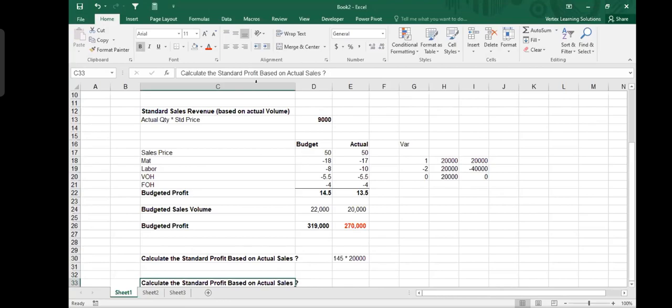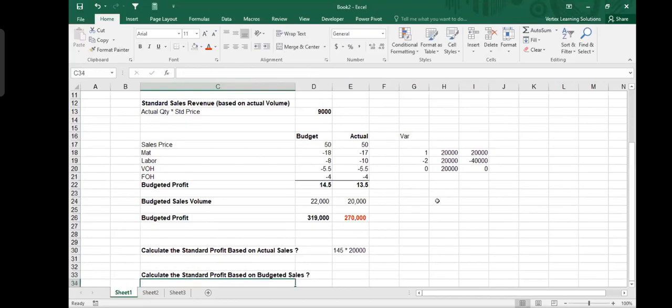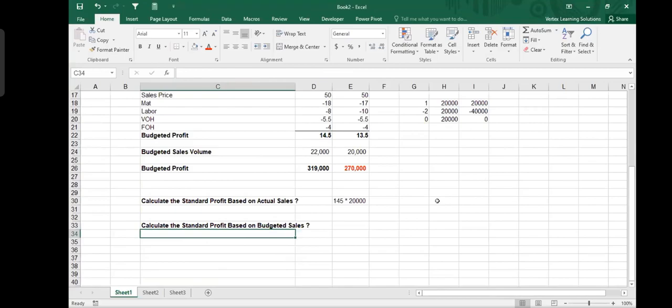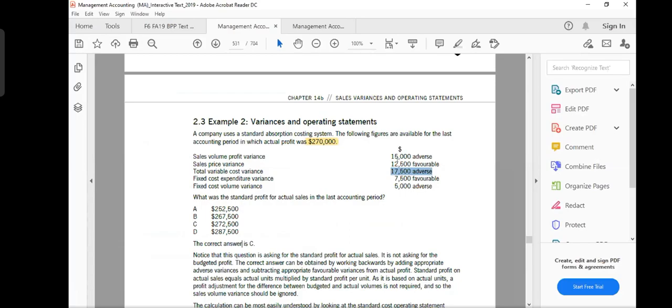Now, if they ask me, calculate the standard profit based on budgeted sales, then what do you do? Then you should be taking care of that sales volume variance also. Whatever your answer was, if they say calculate it on budgeted sales, in that situation, this variance, sales volume variance 15,000, you should include that also.